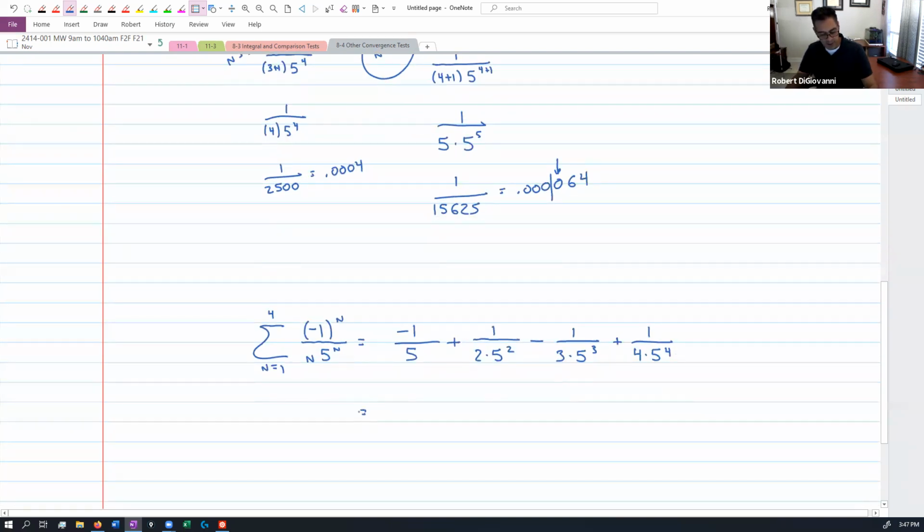All right, I'm going to get on my calculator and do this. -1/5 plus 1 over, that's 25 times 2, that's 50, minus 1 over, let's see, that's 125 times 3, so 375. And then plus this one right here is going to be 1 over 4 times 5 raised to the 4th.